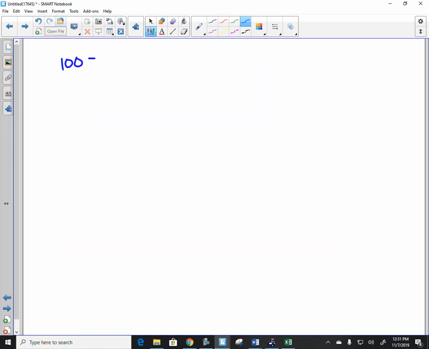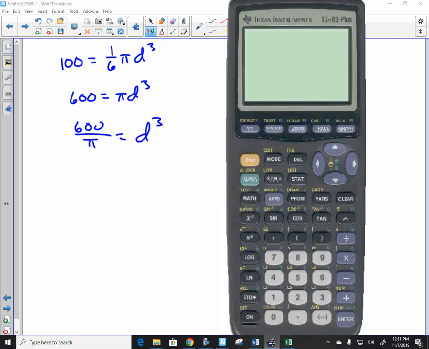100 is equal to 1 over 6 pi d cubed. That will allow me to find the diameter. I multiply by 6, 600 equals pi d cubed. Divided by pi, 600 over pi is equal to d cubed. I'm going to figure out what that is. Fortunately, I have a calculator. It seems to work pretty well. 600 divided by pi.